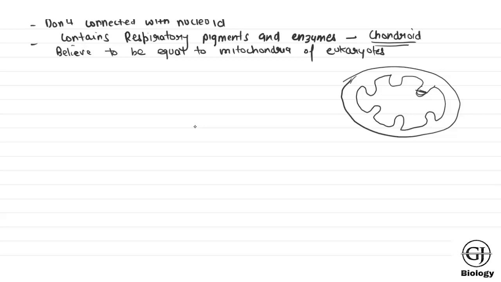These cristae contain enzymes for oxidative reactions and also provide a site for the ETS, that is the electron transport system. Similarly, in prokaryotes, these membrane enfoldings, that is mesosomes, contain oxidative enzymes and also provide a site for the electron transport system, that is ETS.